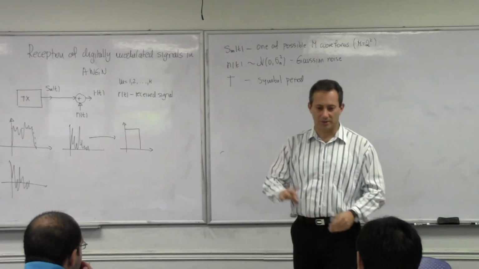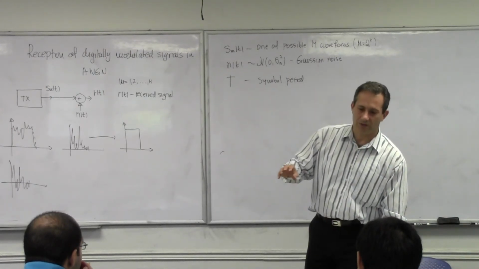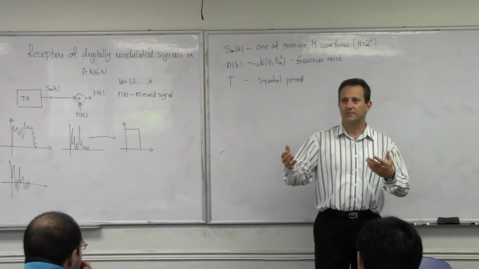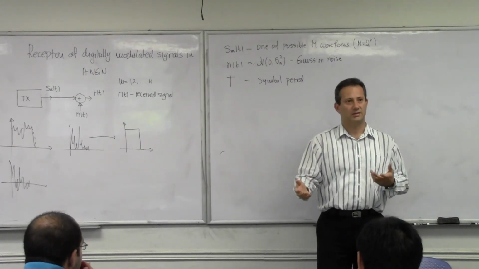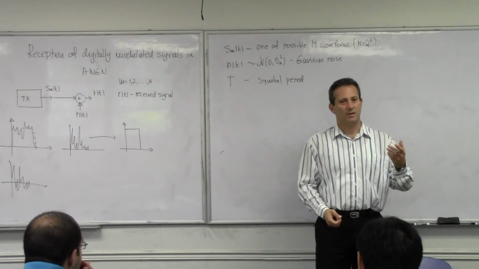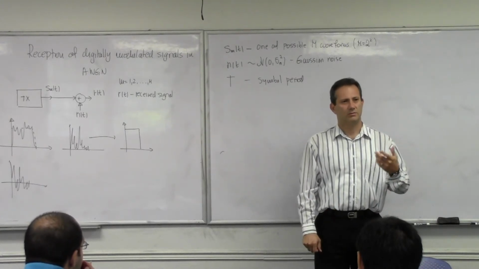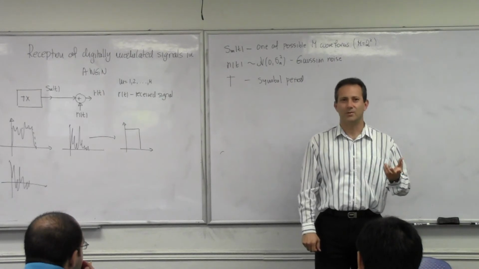Let me give you just an example so that you can see the difference. Let's say somebody is sending, you're now a receiver, I'm sending you an English text. How many symbols do I have in my constellation? 26, right?